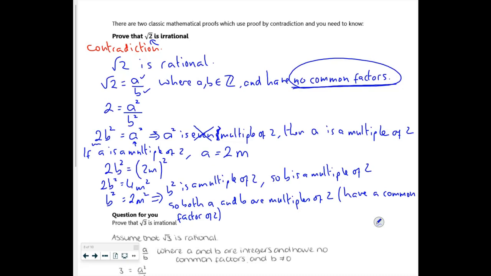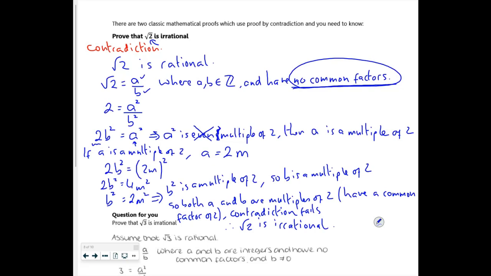So my contradiction fails. Therefore, root 2 is irrational.